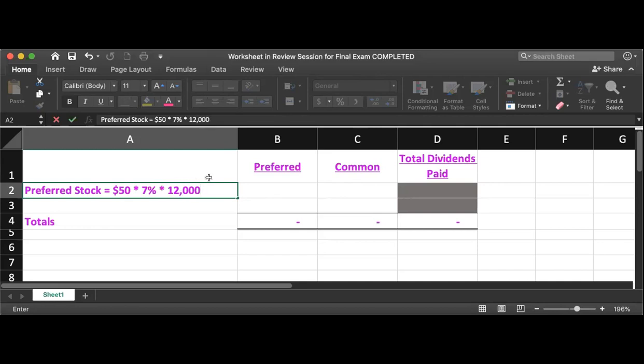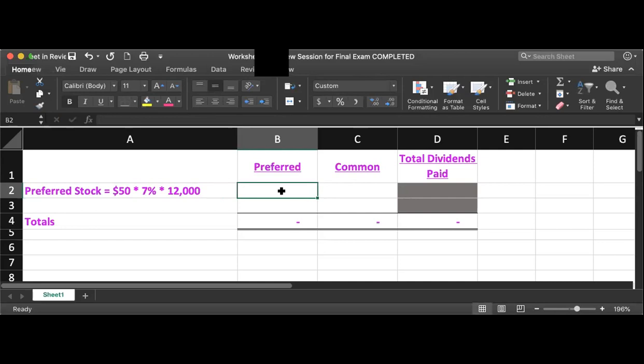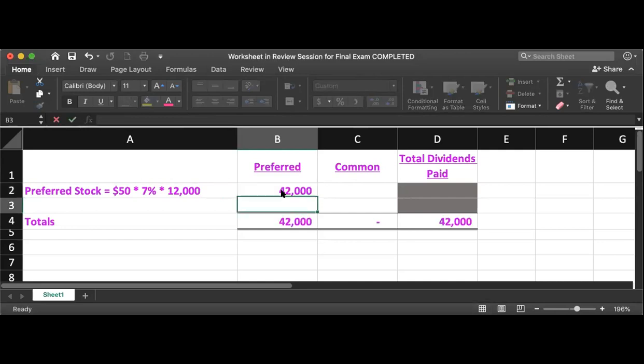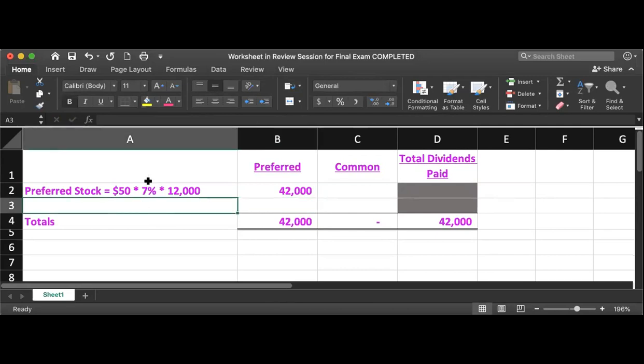That's 50 times 7% times 12,000 shares, and that would be 42,000.